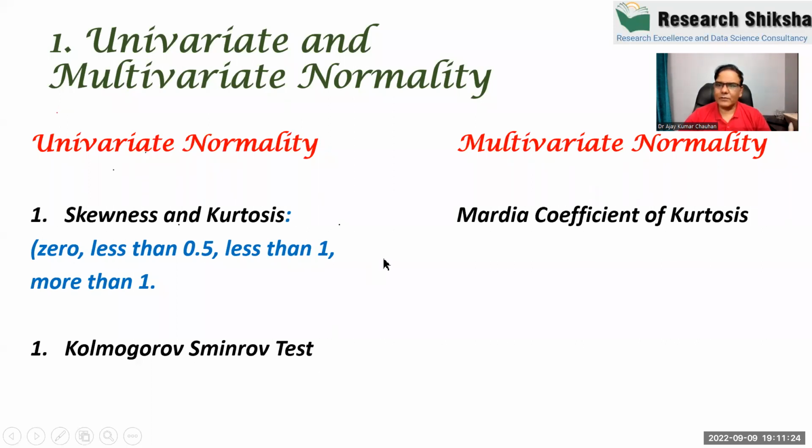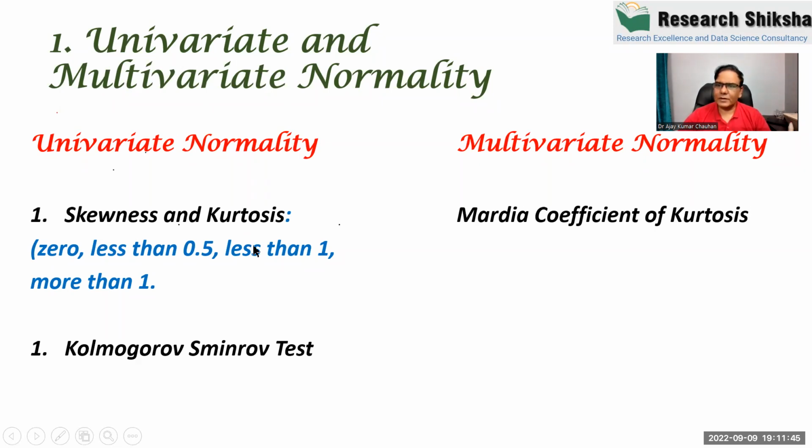If your data is collected from a questionnaire and you are using scale variables, your variables are measured on a 5-point scale or 7-point scale. So ideally, you should not go for the Kolmogorov-Smirnov test. The skewness and kurtosis is enough.